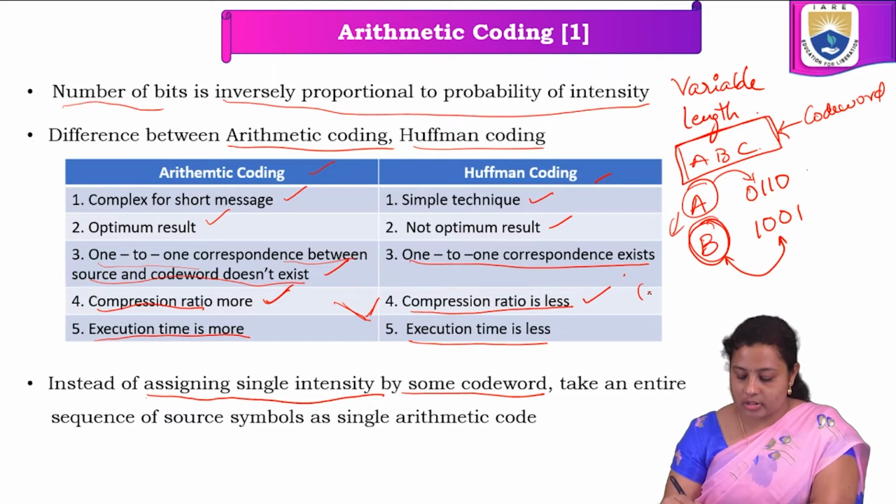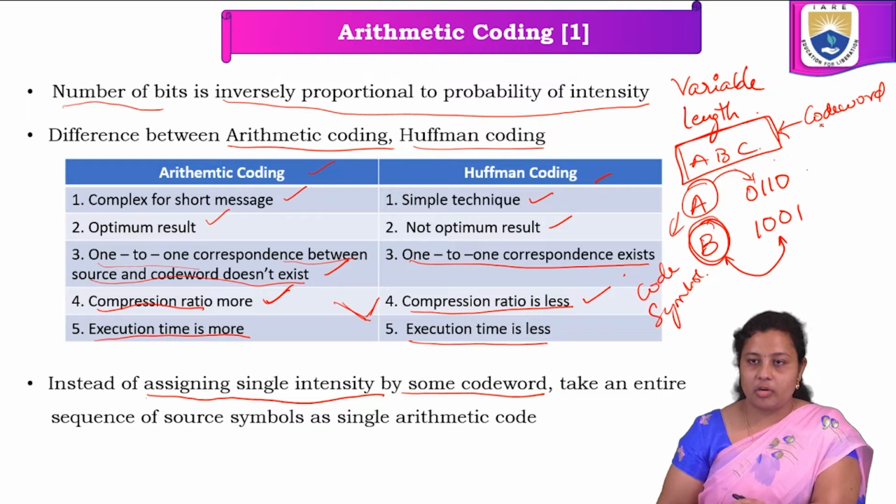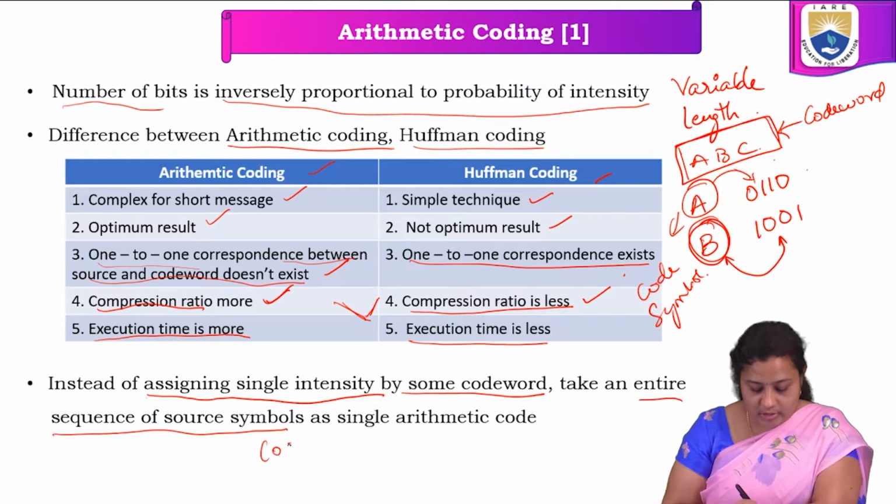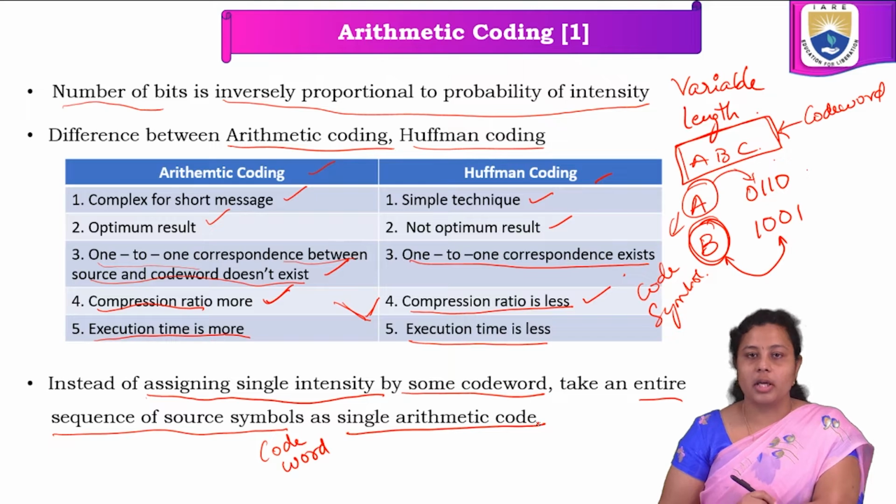So in arithmetic coding, we take the entire sequence of code symbols, which is called the code word, and we give one single arithmetic code.